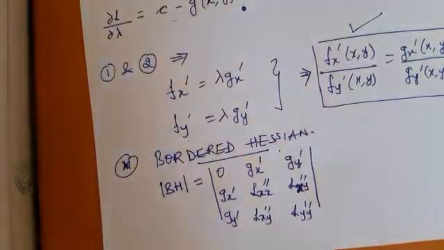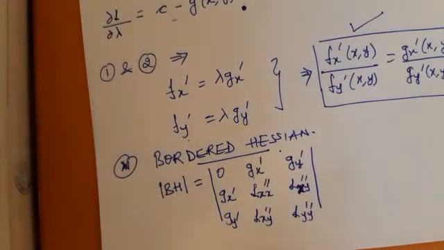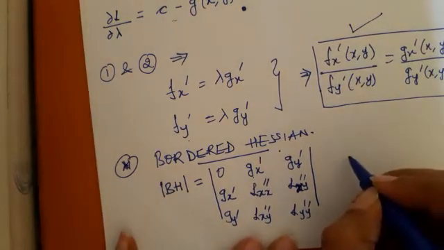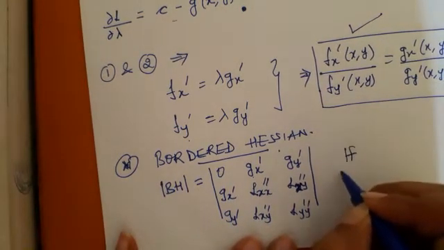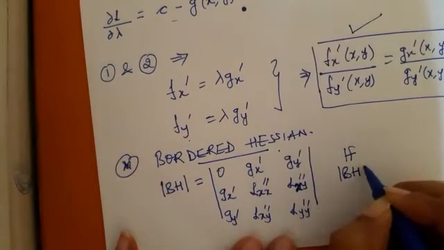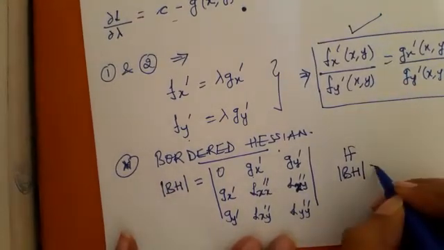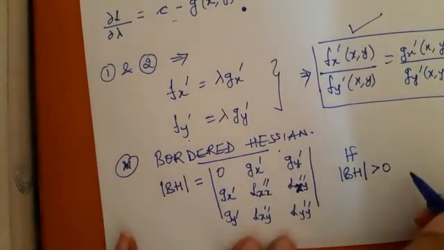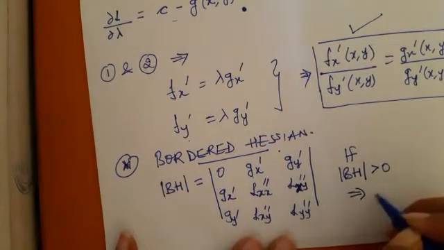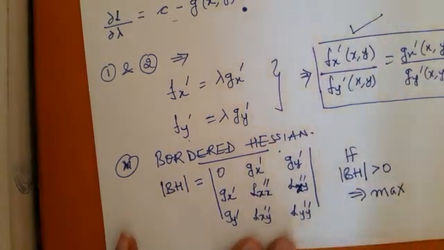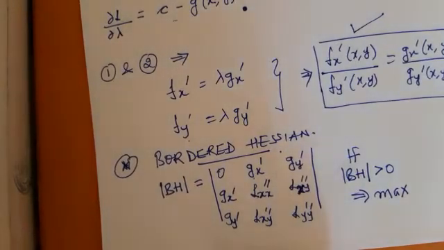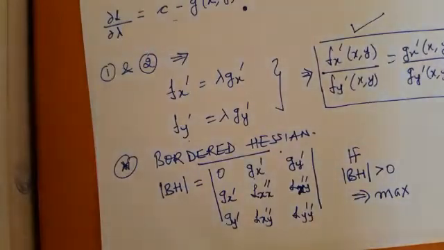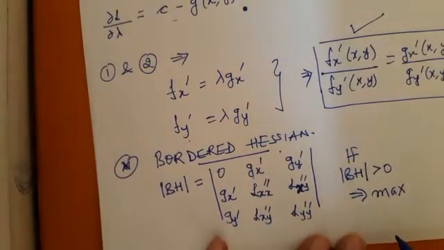So this is your bordered Hessian, and the second order sufficient condition is that if the determinant of the bordered Hessian matrix is greater than 0, you're going to have a max at the stationary point. This is a little contrary to what we've been doing earlier, where when we used to get a negative definite Hessian, we would conclude a max there.